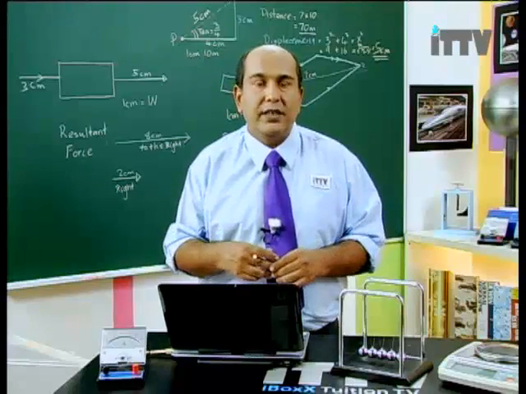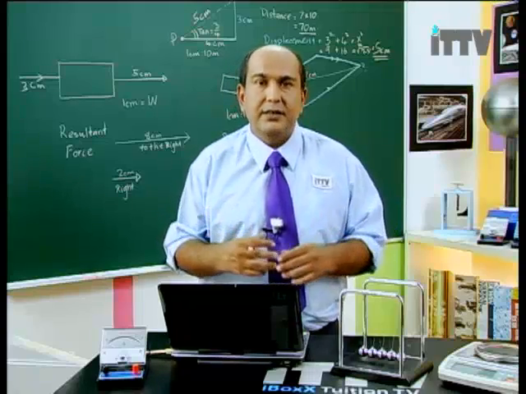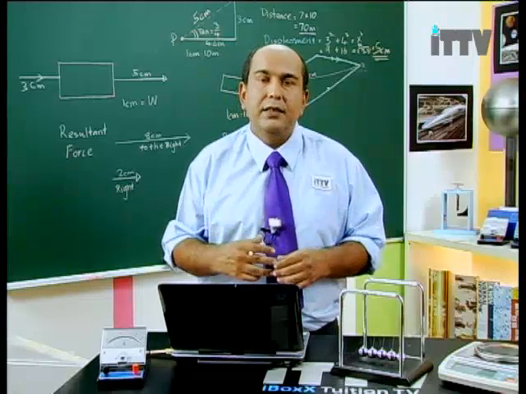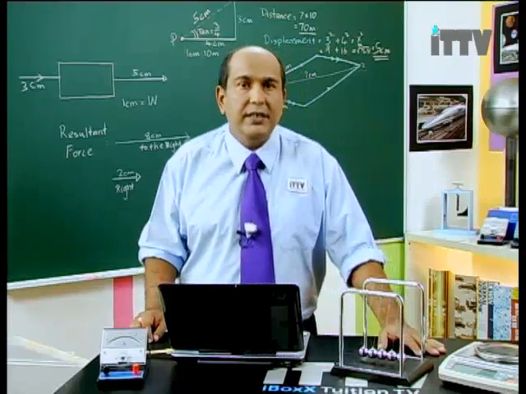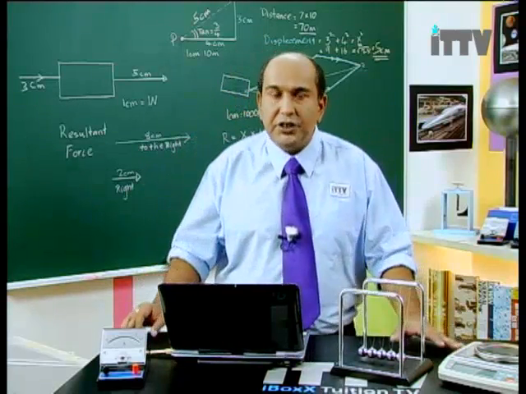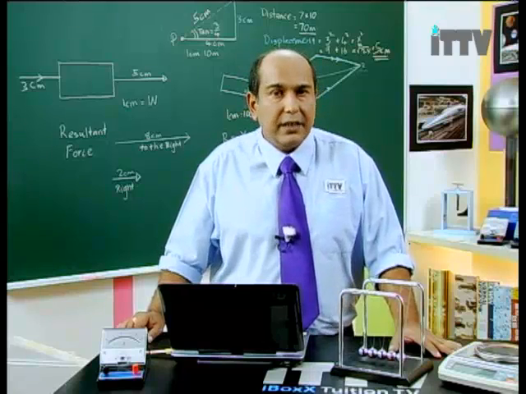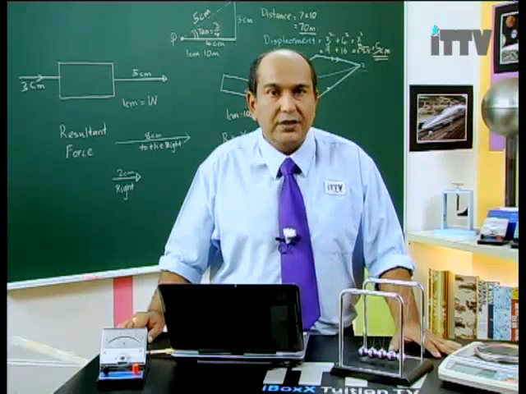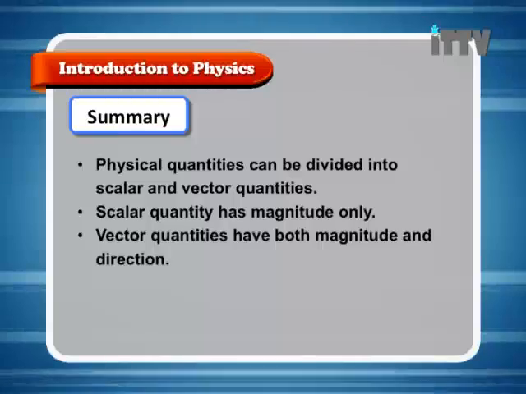Remember, scalar quantities are things like speed, distance, mass, temperature, energy. Vector quantities must have a direction to them. These are things like velocity, acceleration, force. So remember the differences between the two of them.